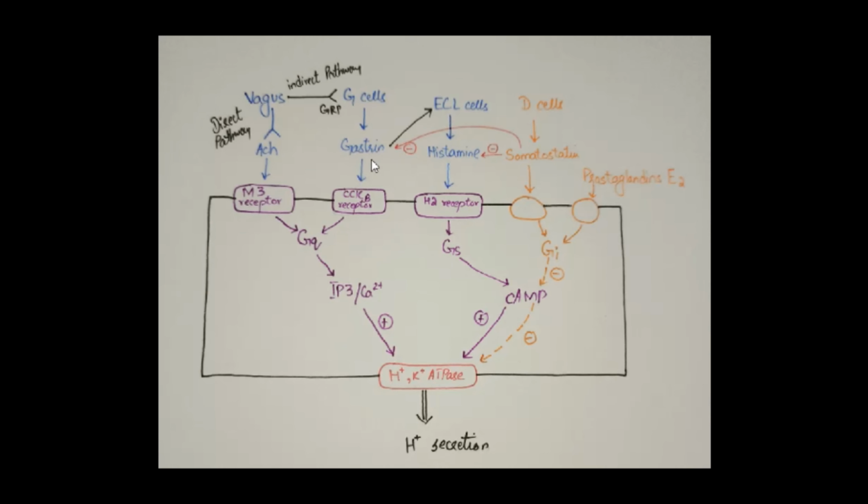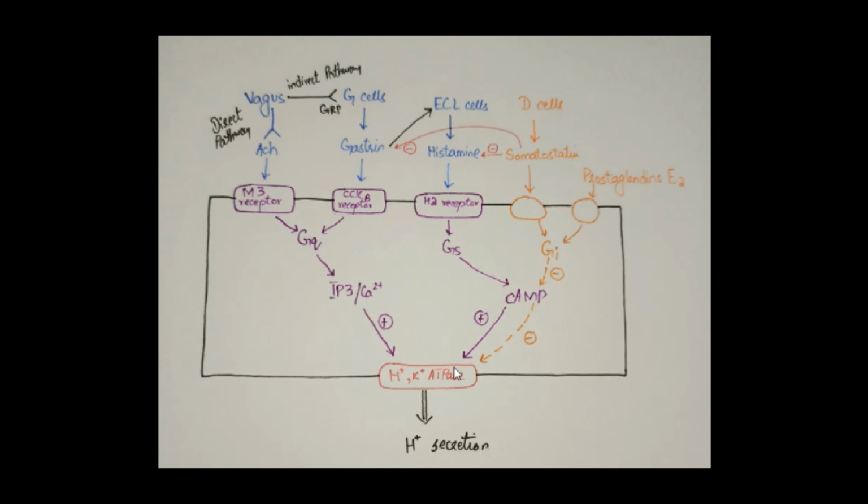Now, gastrin, on the other end, also stimulates enterochromaffin-like cells which will produce histamine. Histamine acts through H2 receptors, that is histamine 2 receptors, and uses a different G protein, that is Gs, and also uses a different second messenger, that is cyclic AMP, to stimulate the hydrogen-potassium ATPase pump.